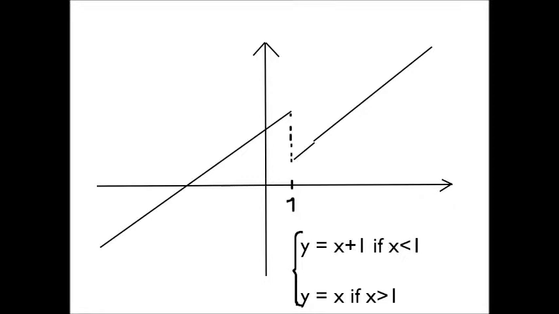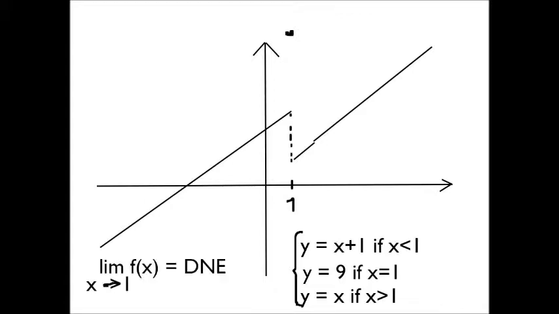Or consider a more trivial example where the function is defined by two equations with certain conditions, and the graph itself looks like it's not only broken in one hole, but the two sides of the graph do not actually match each other. Even if you come up with additional condition that will give a value for the point at 1, this function will still have a limit that does not exist as x approaches 1.